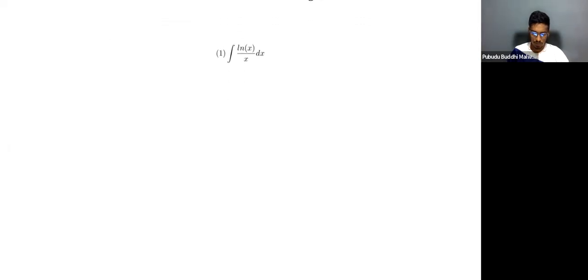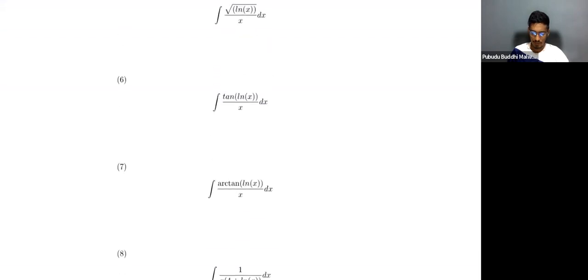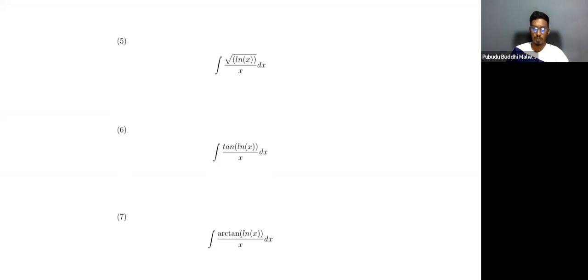Now I think we can move forward with a few different problems. These problems we discussed. This one also we just discussed. So the sixth one, the same idea, because the inner function is natural log of x.